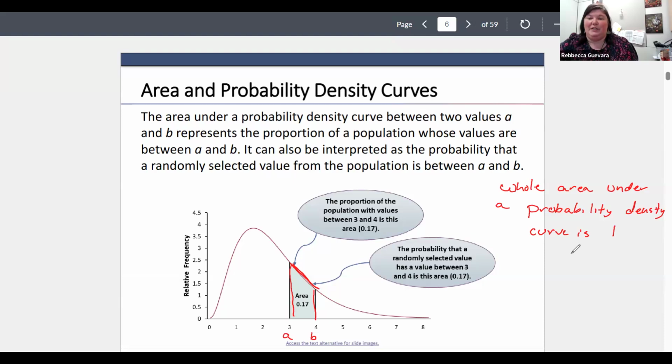This is all my probabilities. It's really representing 100% of everything that can happen. So what this area is telling me is that if I change that to a percent, there's a 17% chance a random variable is going to fall somewhere between A and B.